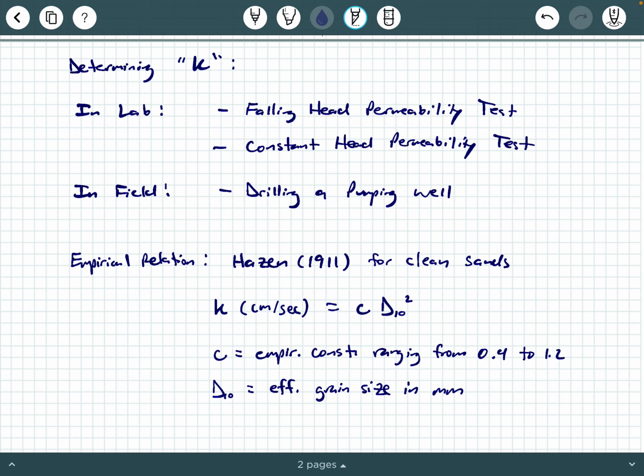You're going to come out with units of centimeters per second for K, and your D10 has to come from your grain size distribution of the sand, and that's going to be a value in millimeters. And again, it's D10 squared there. We're going to have other videos that explore all of these different ways of determining K, but this is just them summarized for the sake of this video.